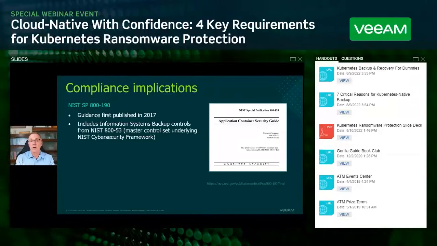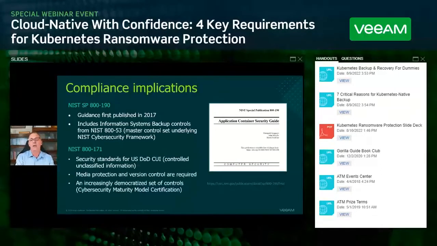So NIST's specific guidance around securing your container environments refers to the same exact sets of controls around data backup and contingency planning that NIST recommends for any other part of your environment: physical servers, virtual servers, cloud servers, etc. Getting a little bit more specific, NIST 800-171 also calls out media protection for projects that are developed specifically for the U.S. Department of Defense.